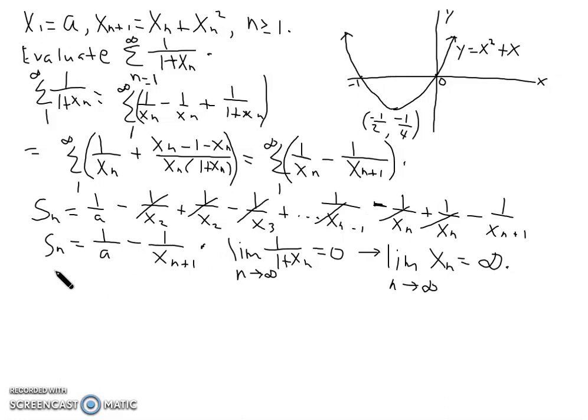Okay, so that means that the limit of x sub n plus 1 as n goes to infinity is infinity as well. So as n goes to infinity, the 1 over x sub n plus 1 goes to 0, and we get the limit of s sub n as n goes to infinity is equal to 1 over a.